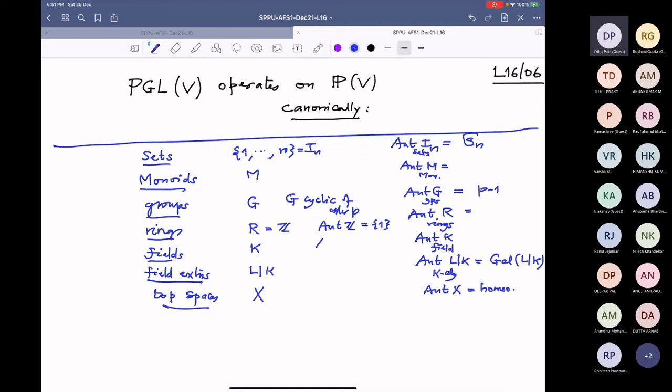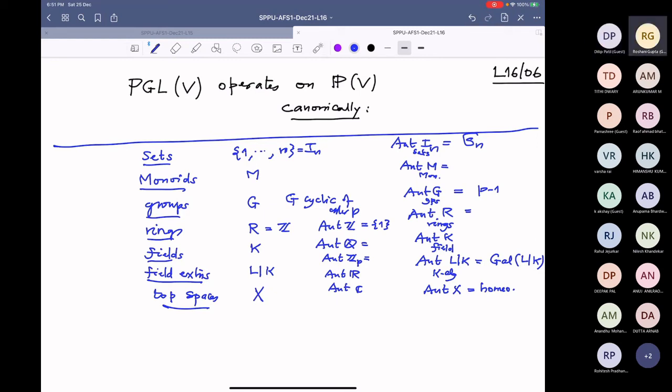What is the automorphism group of Q as a field? Or what is the automorphism group of a finite field Z mod P? Or what is the automorphism group of R as a field? Aut C. All these we know. Can somebody say what is Aut Q as a field?